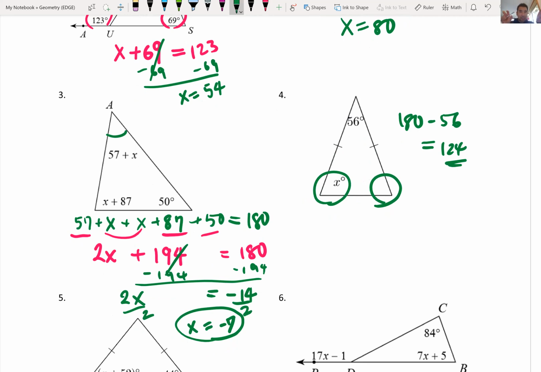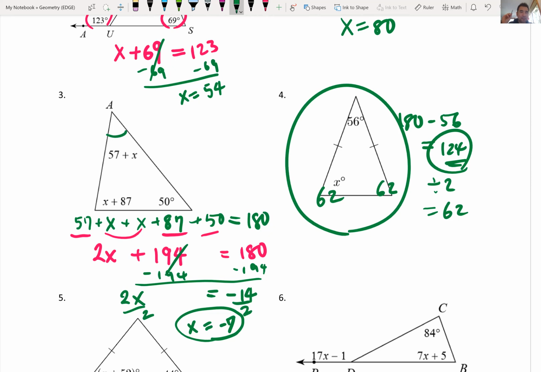But since they are equal to each other, let's split 124 into 2 parts. So let's divide that by 2. You get 62. You can check: 62, and that's also 62. Will 56 plus 62 plus 62 add up to be 180? I think it does. Does that make sense?